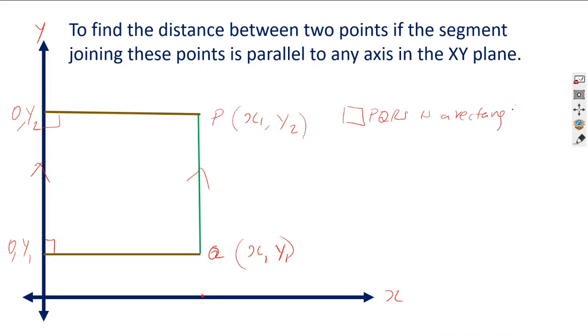Right? It is a rectangle. If it is a rectangle, PQ is equal to RS. I am writing RS here. Then RS we can simply calculate by subtracting y2 minus y1. We can resolve it.